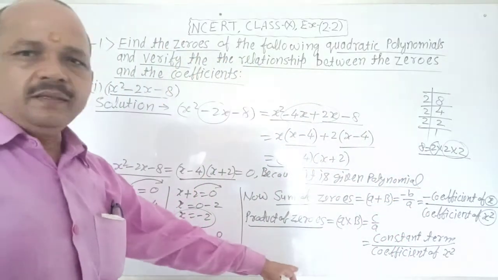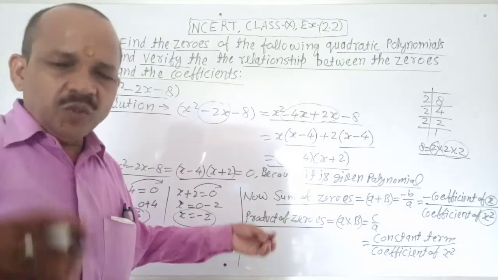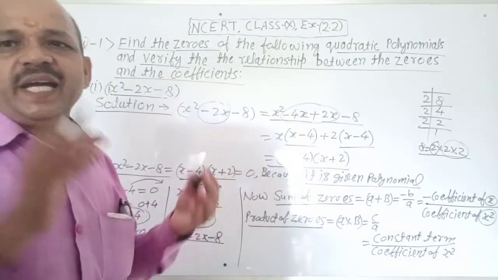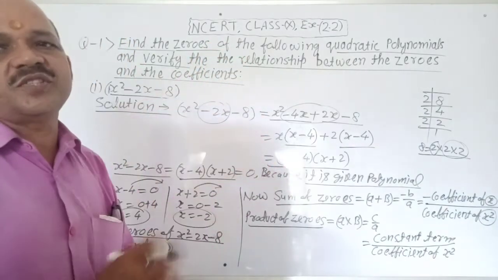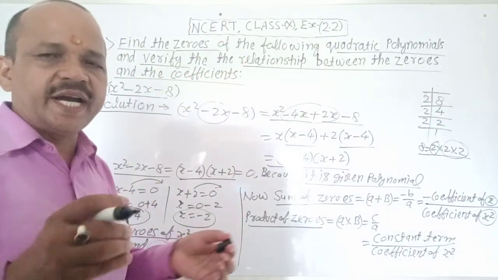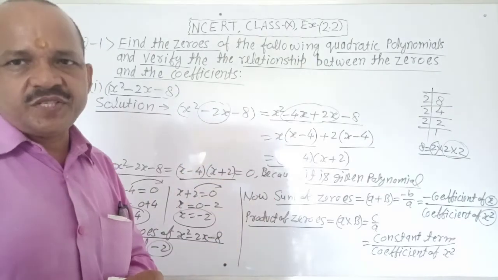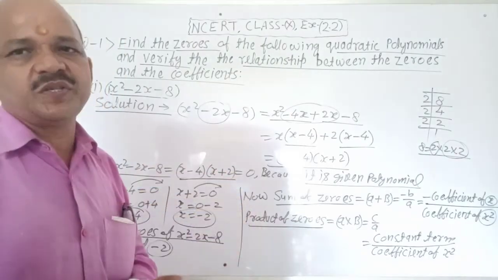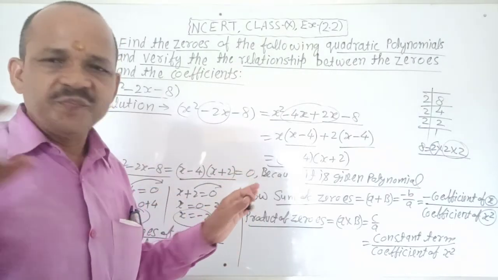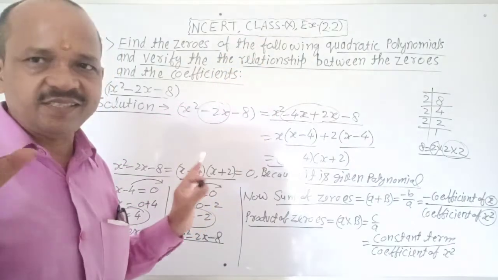It is clear? No confusion about it? Very good. You solve your question very easily. In this way you can solve any question very easily and you can find zeros and coefficients and the relationship between zeros and coefficients. It is clear? No confusion about it? Very good. It is easy?